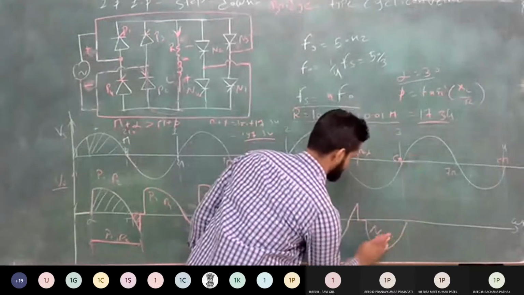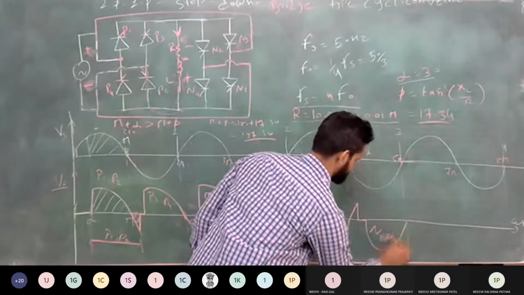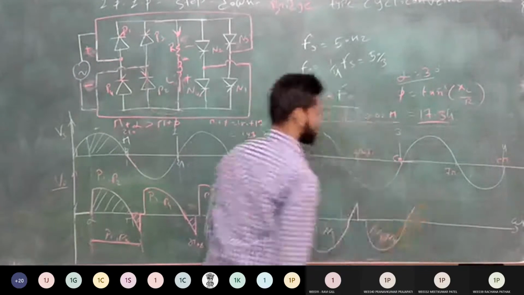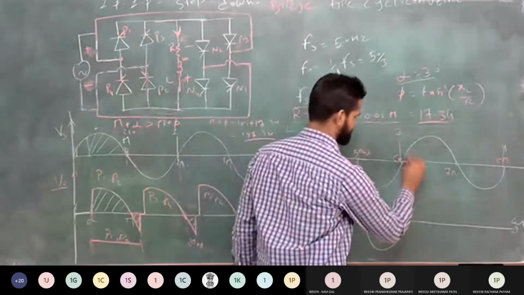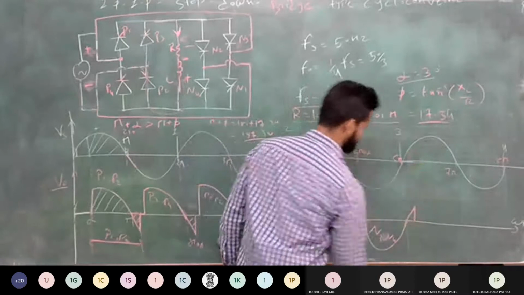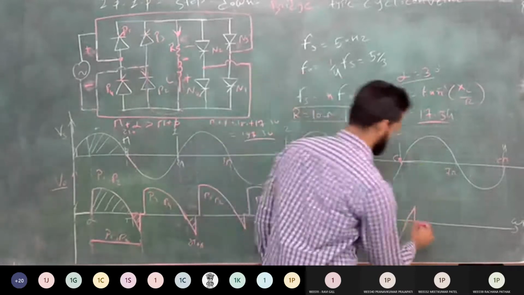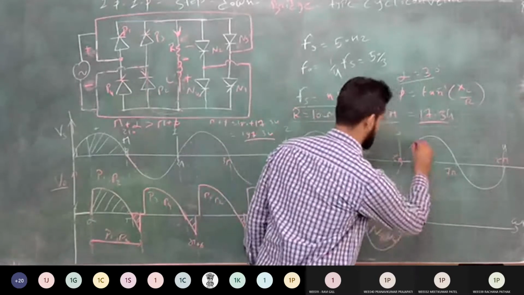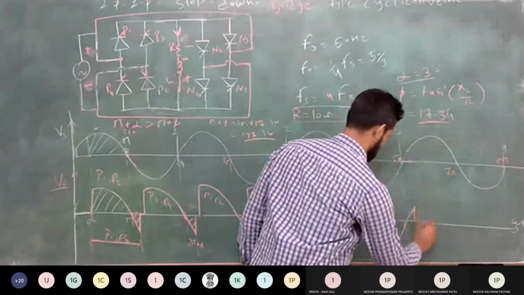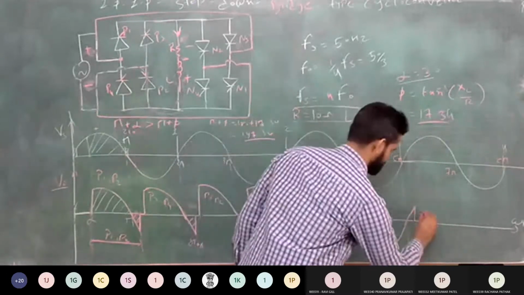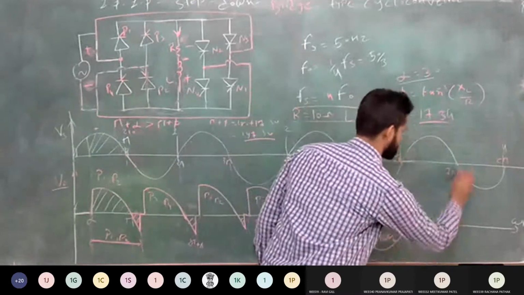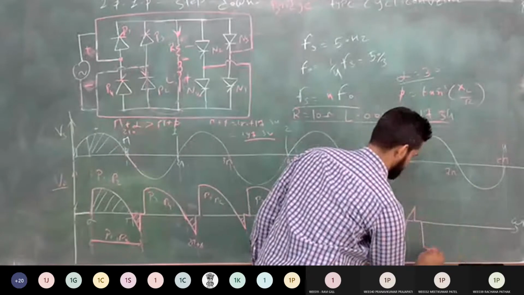Again, it is the inductive nature of load. So N3 and N4 remain conducting up to 6 pi plus β here, and current becomes 0. Okay, so this sequence is repeated again at 6 pi plus alpha. Again turn on N1 and N2, which gives a negative voltage up to this 7 pi.